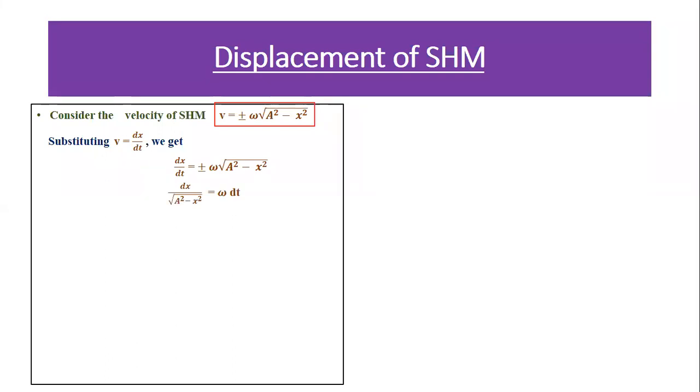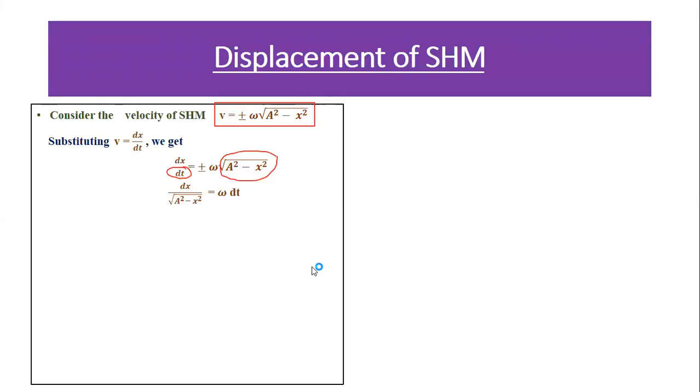Now here let me rearrange the terms. We send the bracket in the square root term towards the left side and this dt towards the right hand side. Then we get dx divided by under root a square minus x square is equal to omega dt.